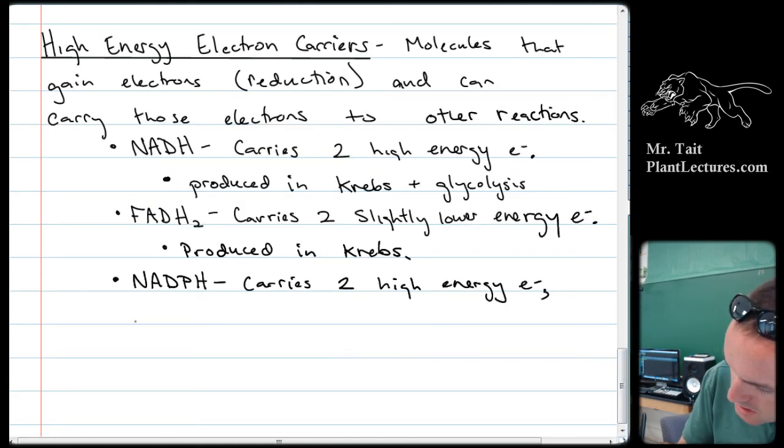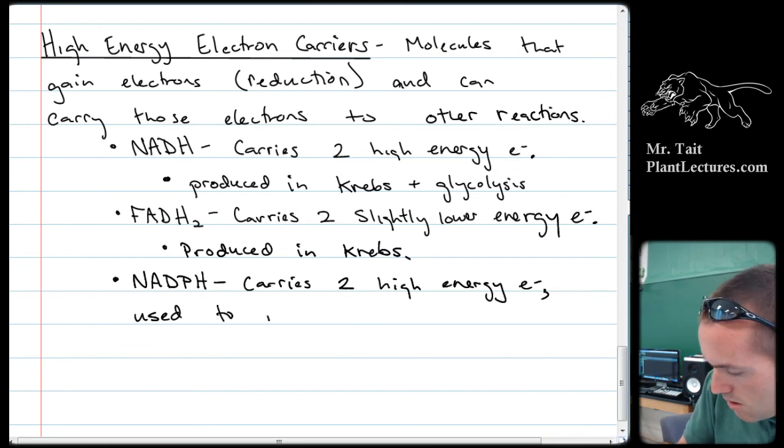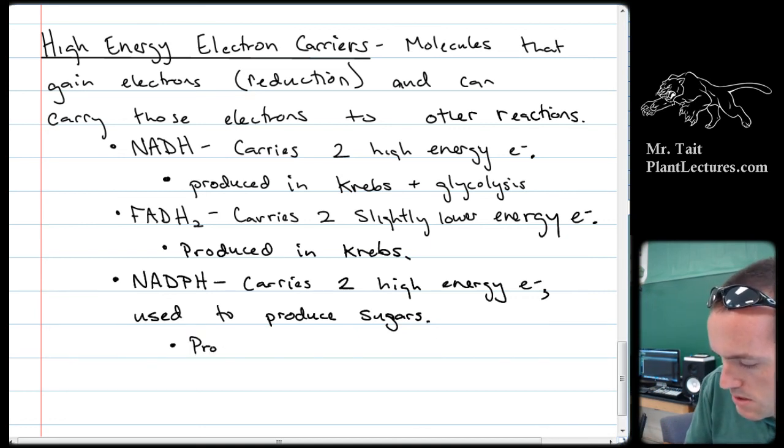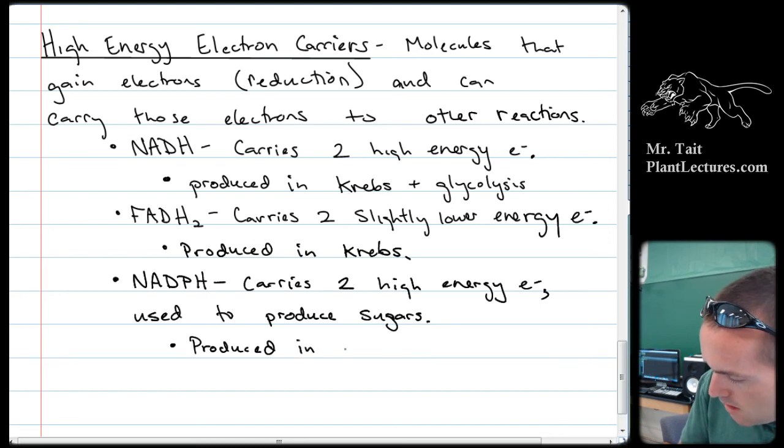And it's used to produce sugars. So where the other ones are used in the electron transport chain, these are only used to produce sugars. And we can say that it's produced in light reactions.